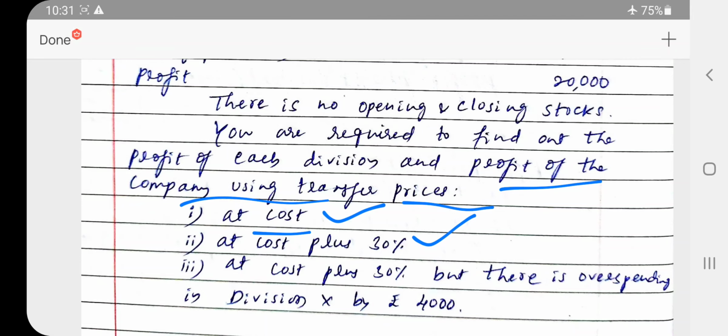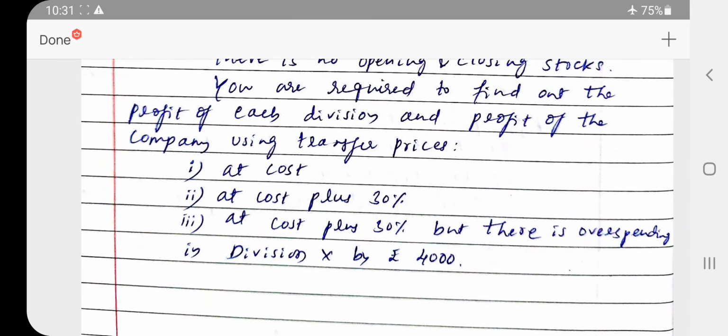What does it mean? We need to calculate the transfer price of that division at cost, at cost plus 30%, and at cost plus 30% along with the additional 4,000 overspending made by division X. By this given information, we need to calculate the profit of each and every division.